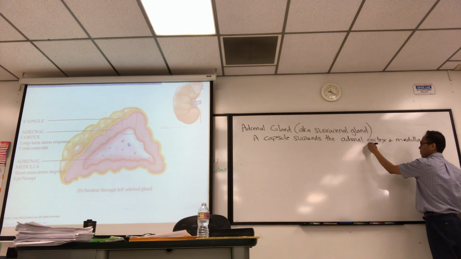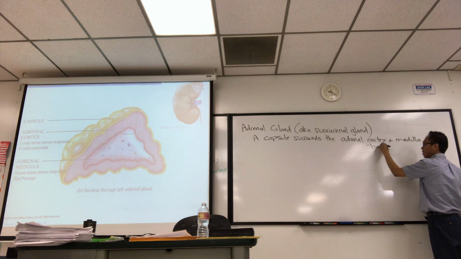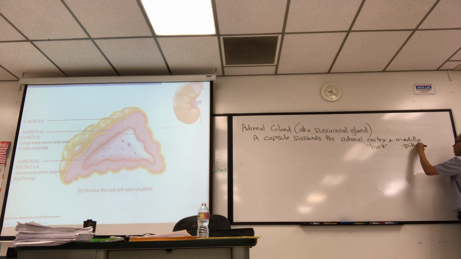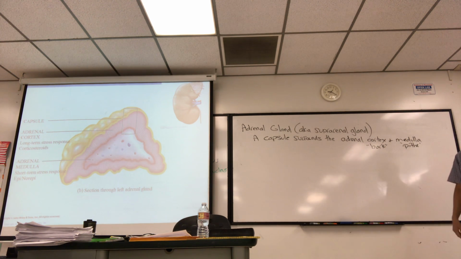Remember, cortex in anatomy is a word that means bark. It's the outer part. Medulla means pith, like a pit. It's in the center. Maybe that'll help you remember cortex and medulla.